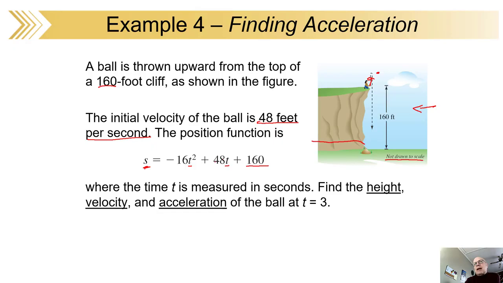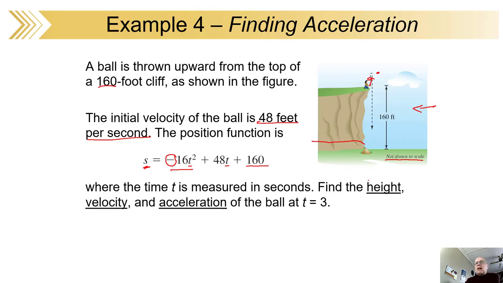So 1 second later, throwing it upward makes it go up in the air, which adds to the 160 feet that it is above the water. But at the same time, gravity is working too. Gravity tends to pull it downward. And this negative just means that it's a downward inclination.